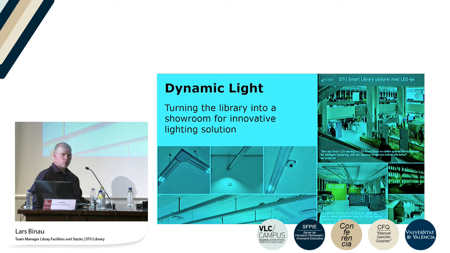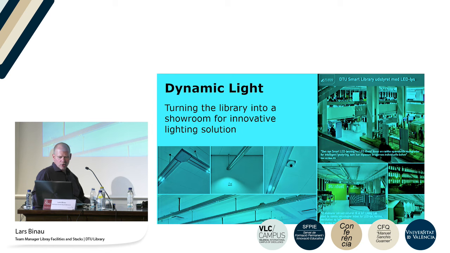Because we're open 24/7, and that meant that there was light all night long, all day long. But dynamic means that it follows the daylight outside. So it's reddish in the morning, it's bluish in the afternoon, and then it turns red again at night. And this is something our body actually likes, to follow the light and the curve of the light outside.